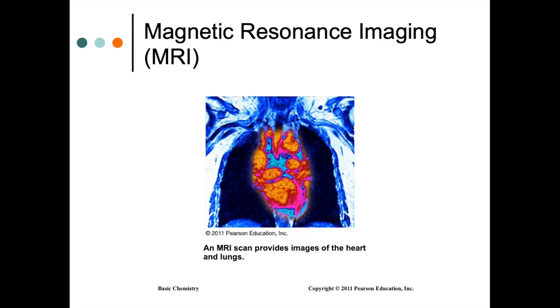Now, here's the really useful part of this, and this is the really neat thing compared to a lot of other techniques that we've looked at. All of our other techniques involve relatively harsh forms of radiation to get their jobs done. The thing with magnetic resonance imaging is the radiation involved here is radio waves.